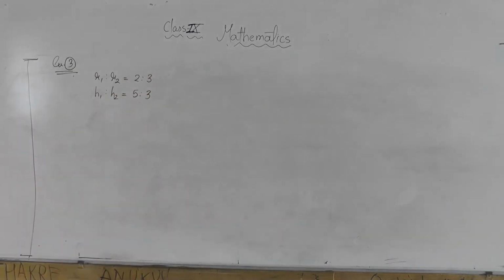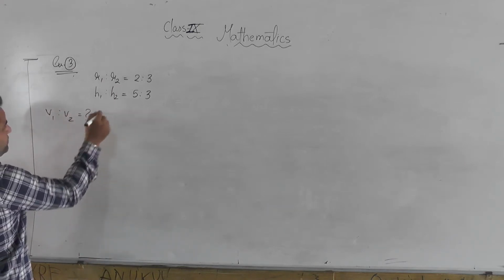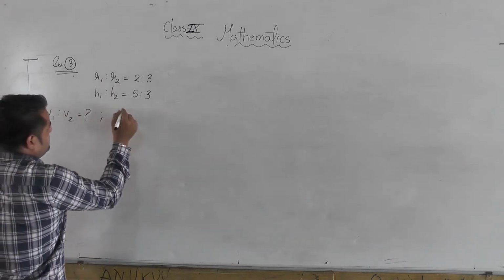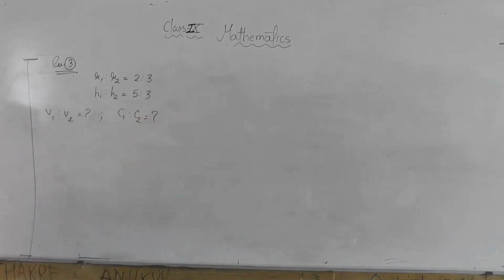So 2:3 is the radius ratio and 5:3 is the height ratio. We need to calculate the ratio of the volumes and the ratio of their CSA. V1, V2 we can assume as volume. We have to find their ratio, and C1, C2 for the curved surface area. We need to find their ratio too.